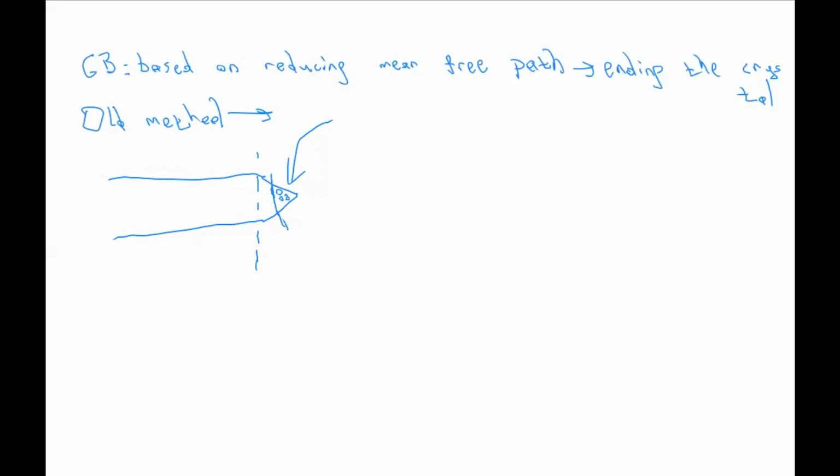They basically reduced the grain size and packed more atoms, and they reduced the mean free path of dislocations.